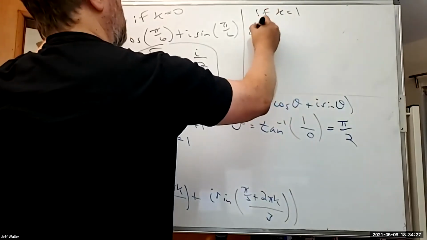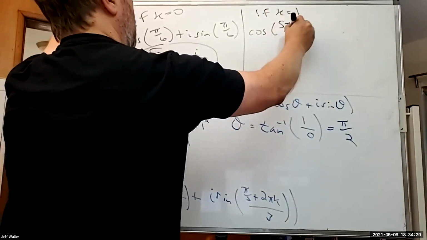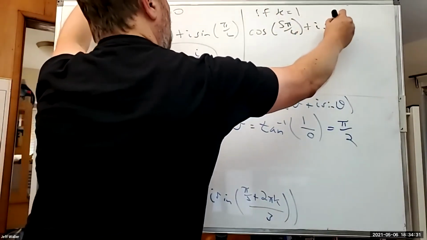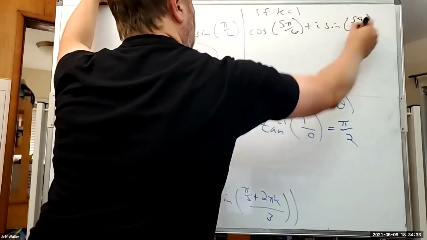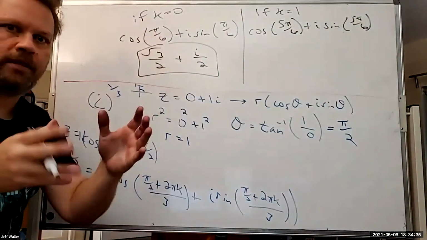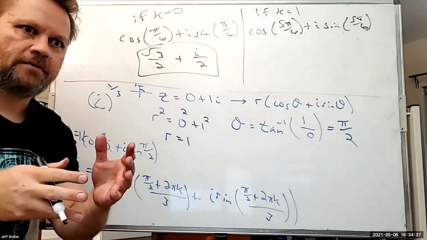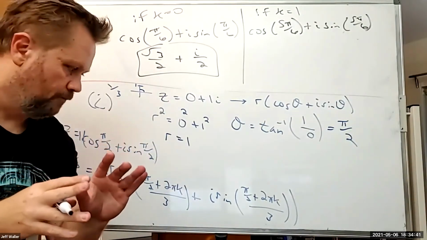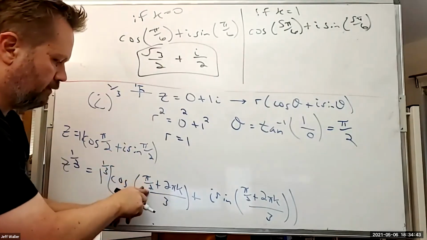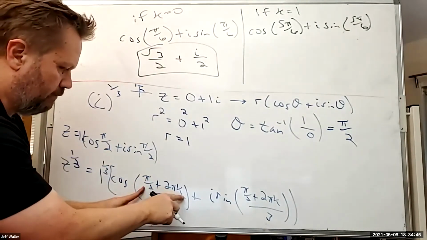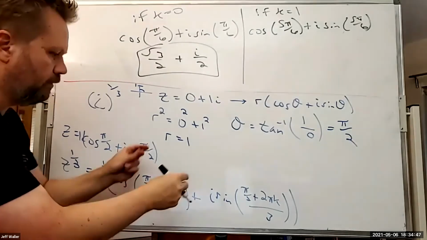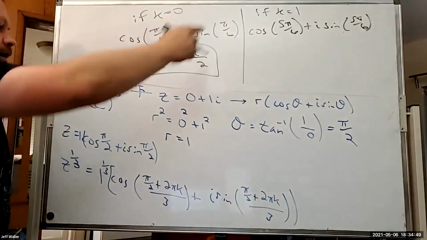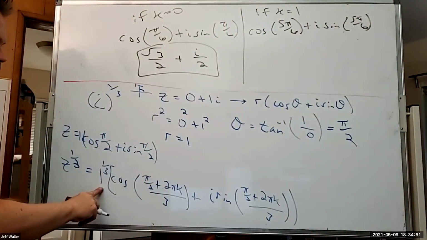So I get cosine of 5 pi over 6 plus i sine of 5 pi over 6. All I'm doing is plugging in. You just have to be able to combine fractions: pi over 6 plus 2 pi times 1 over 3. Like denominators, get it in there. That's why this is so nice.